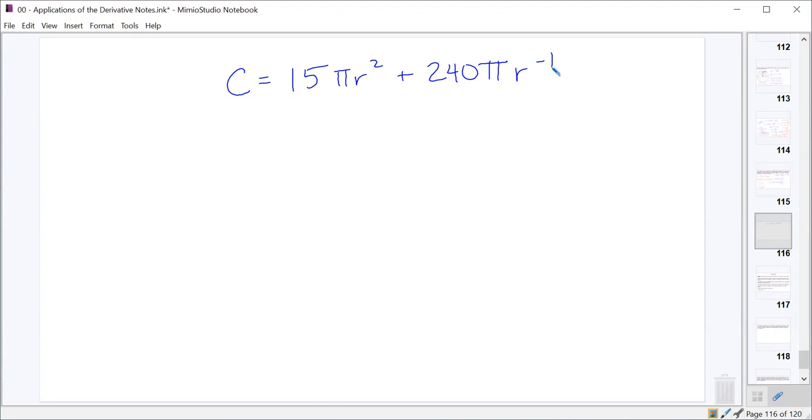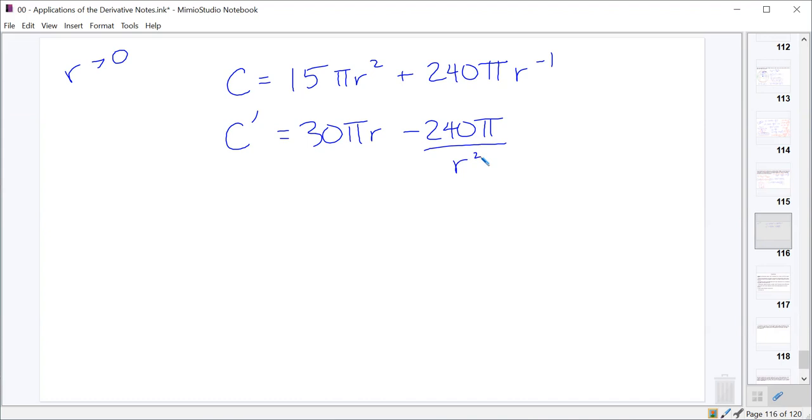Keeping in mind that r must be greater than 0, we're not going to have a radius of 0 or a negative radius. So when we take our derivative, c prime ought to be 30 pi r minus 240 pi r to the negative 2. And r to the negative 2 is, of course, r squared in the denominator.